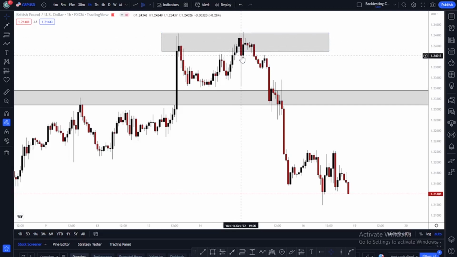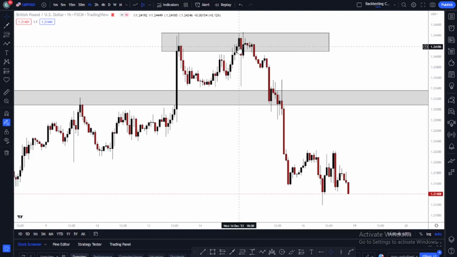A bearish engulfing candlestick. Why? Because the closure of this red candlestick was below the opening of this black candle. So that showed me at that point, sellers were in the market.